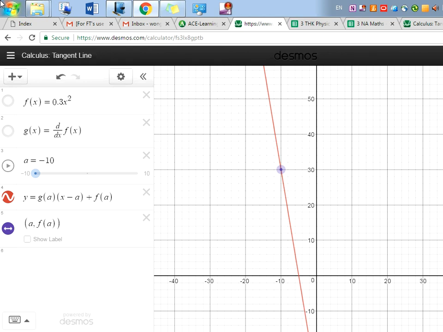Then part 2, find the gradient of the curve at x equals 5. So I find x equals 5 is here. Go up to the point of the graph. This is the point, and I draw my tangent line. So I draw the green line, and now I want to find the gradient of the green line. Find 2 convenient points. Do your rise over run.